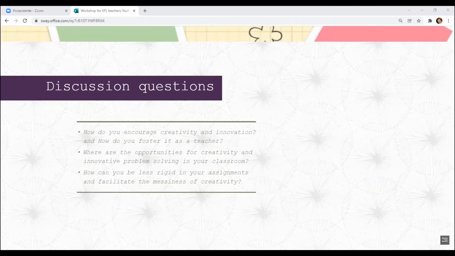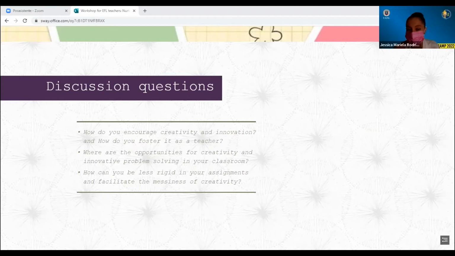Yes, I form teams with different students and different areas. Okay, because that's another way to foster creativity when we make our students work with some other people, because we learn from the others. Very good. Any other ideas, Cesar?